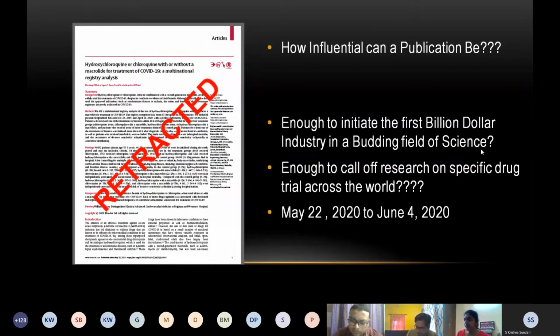Now, if you take a very recent example, I believe a lot of you are aware of this very famously unfamous publication by Lancet.